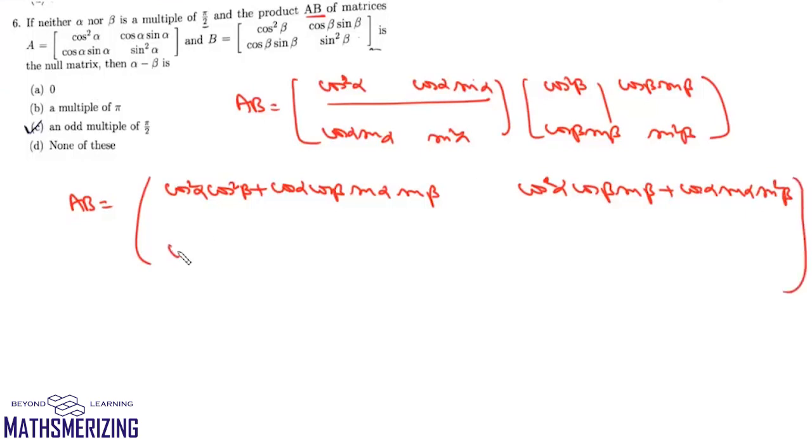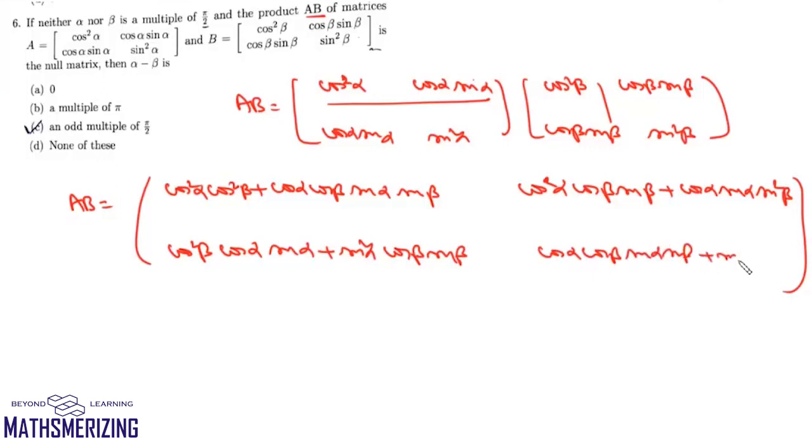Here we can write this as cos square beta cos alpha sin alpha plus sin square alpha cos beta sin beta, and here we'll have cos alpha cos beta sin alpha sin beta plus sin square alpha sin square beta. Now from the first one we can take cos alpha cos beta common, and here will be cos A cos B plus sin A sin B, so it will be cos A minus B, so we can write this as cos alpha minus beta.